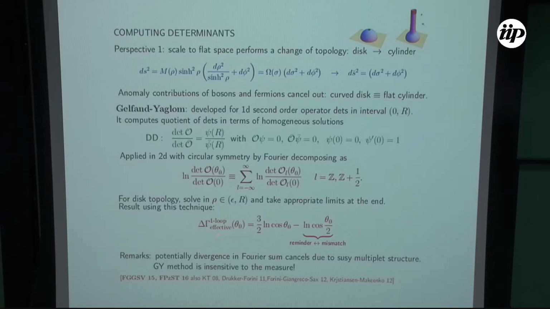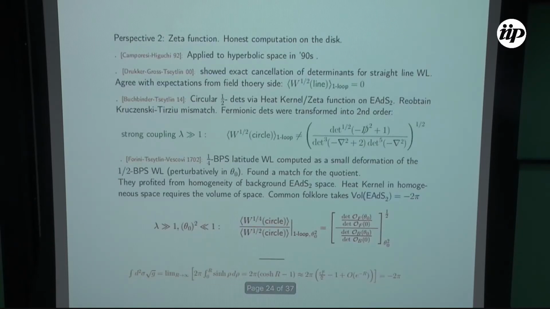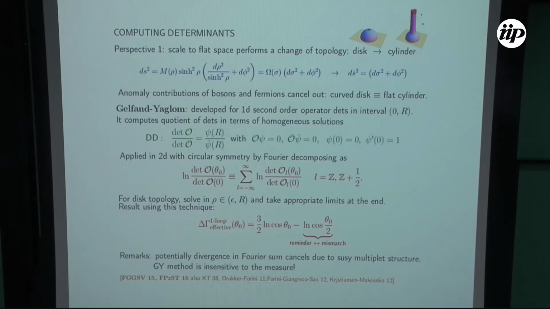This was appealing in the sense of cancellations of divergences, but it was not giving the correct result. Kostia solved this, and maybe he will talk about this tomorrow. So at that moment, we were middle happy. Not too much, not too little.